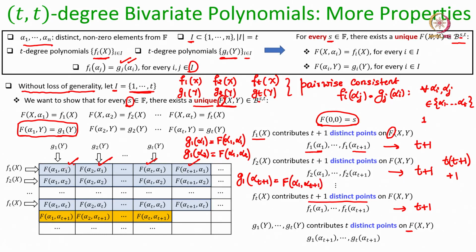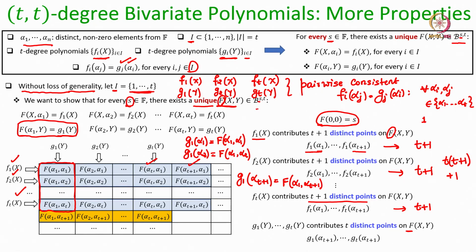But I have already fixed the first t points in this column because of the constraints imposed by the x polynomials. I have already fixed them because for f 1 x, I used the constraint that f 1 x lies on that bivariate polynomial.